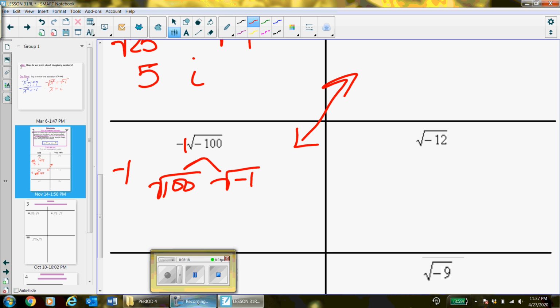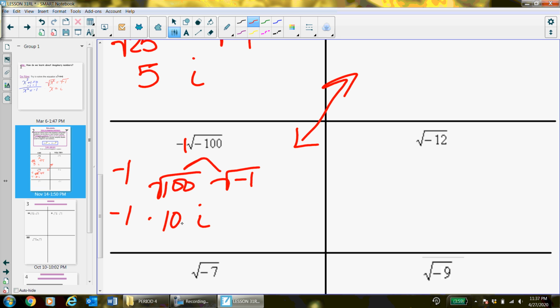So the square root of 100 is 10. And then remember, we have to bring down that negative 1, so those will get multiplied. And then the square root of negative 1 is i. So if you multiply that out, you get negative 10i as your final answer.